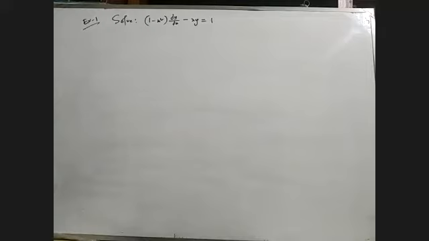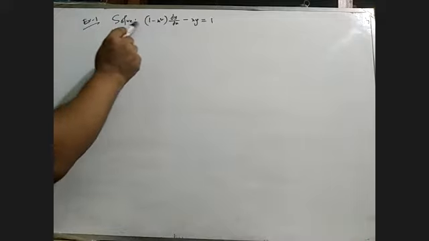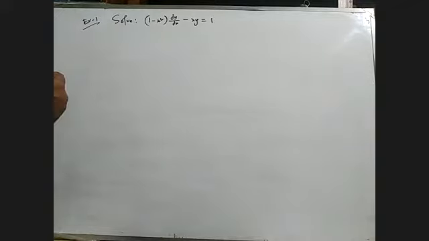Now let us try to solve this linear differential equation by using the integrating factor method. This is the given differential equation. Now we have to make it a standard form.